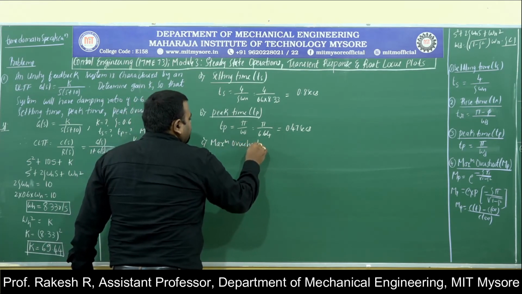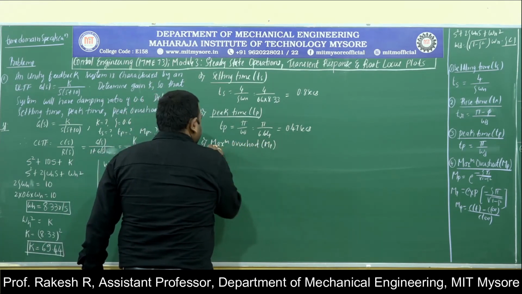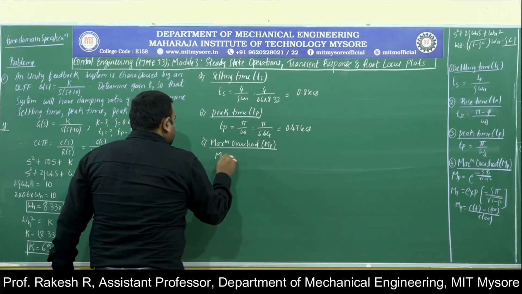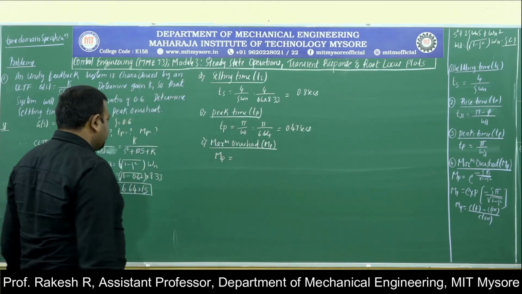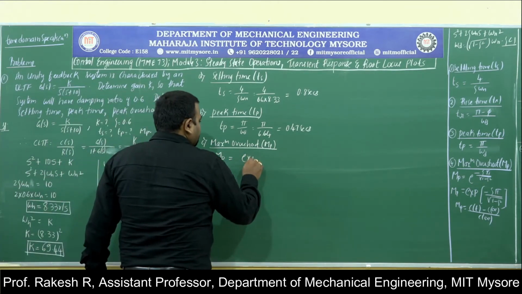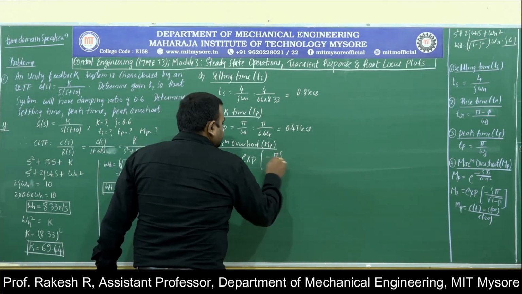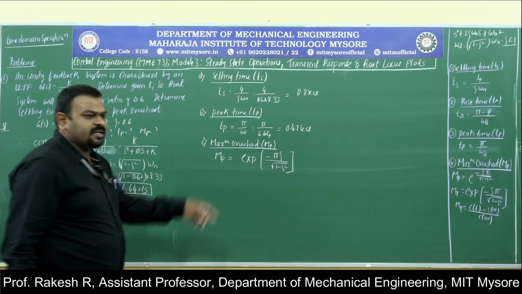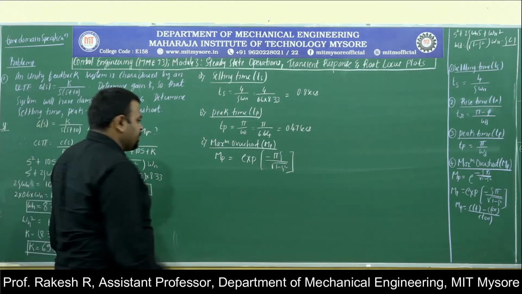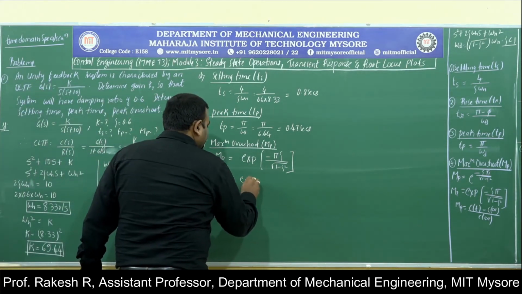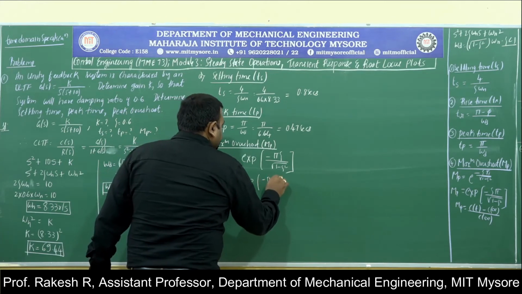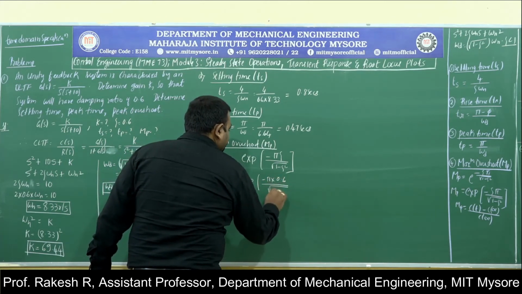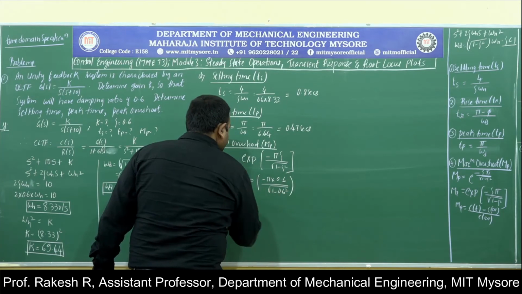Next, maximum overshoot. This is all about substitution. Nothing is extra. Maximum overshoot is exponential of minus pi zeta divided by square root of 1 minus zeta square. So in the calculator you have to write e power: exponential of minus pi into 0.6 divided by square root of 1 minus 0.6 square.